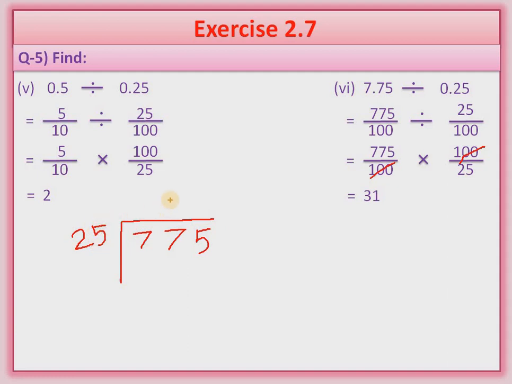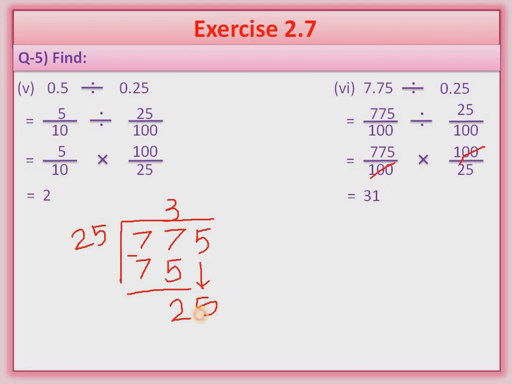25 1 is 25, 25 2s are 50, 25 3s are 75. Understood? Clear? So 7 minus 5 is equal to 2. Carry down the 5.